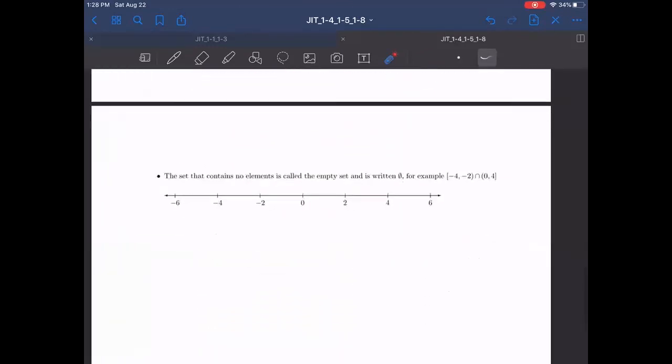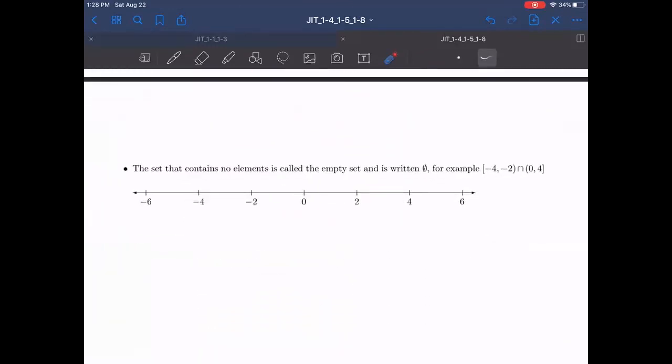All right, the last thing is not necessarily an operation, but it is a special type of set. It's a set that contains no elements, and we call that the empty set. We write it with a 0 and a slash.